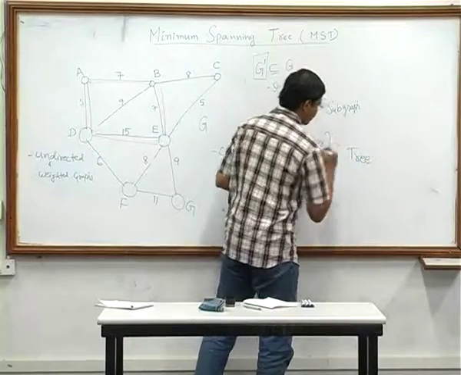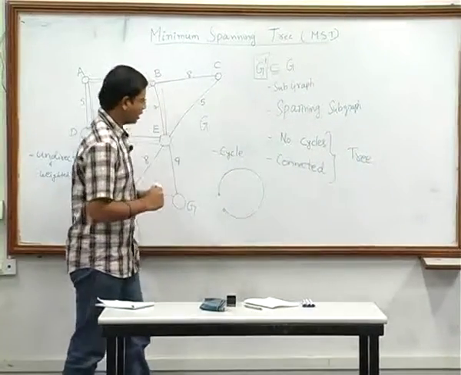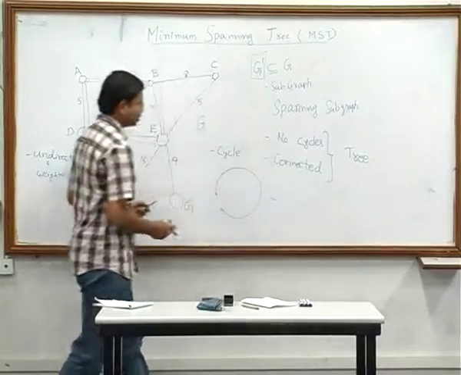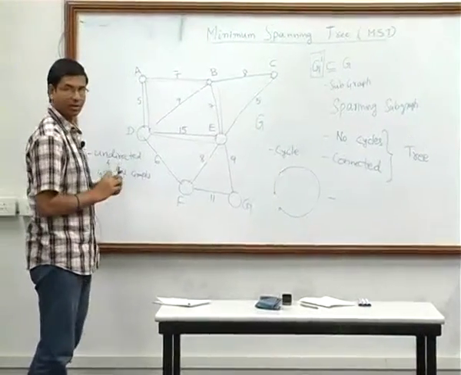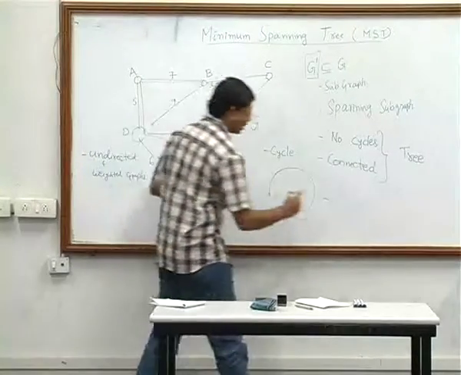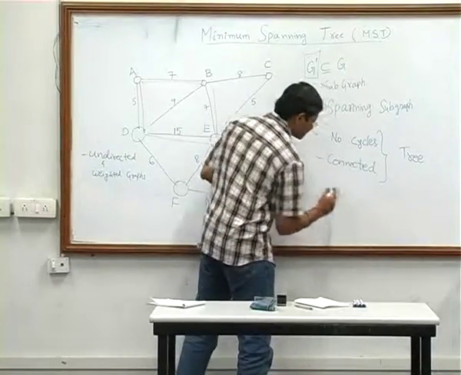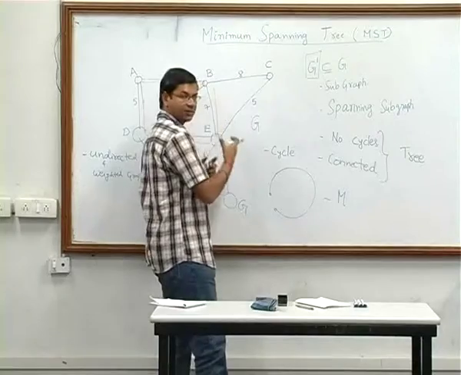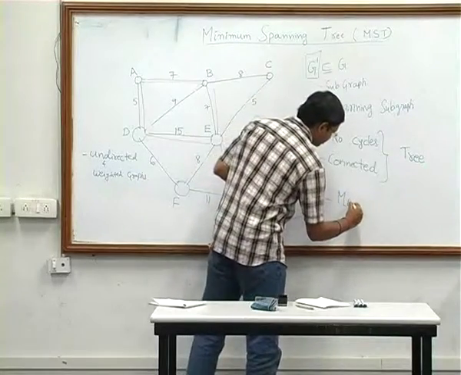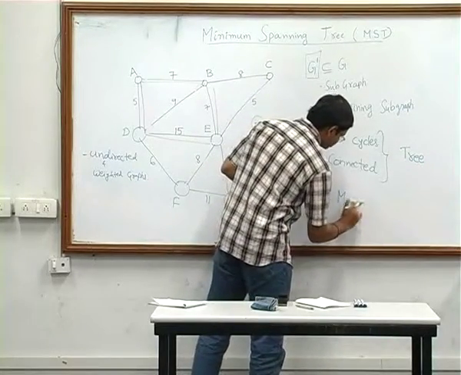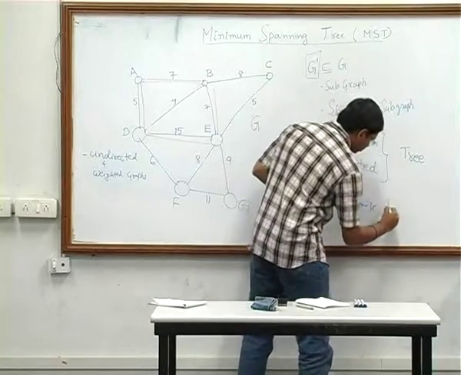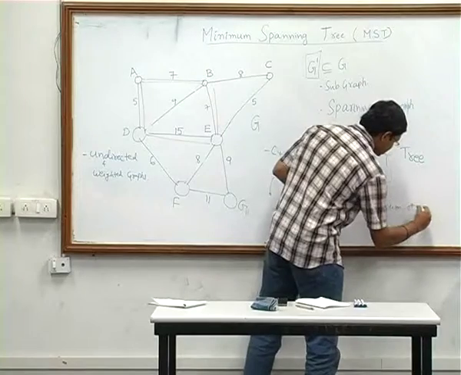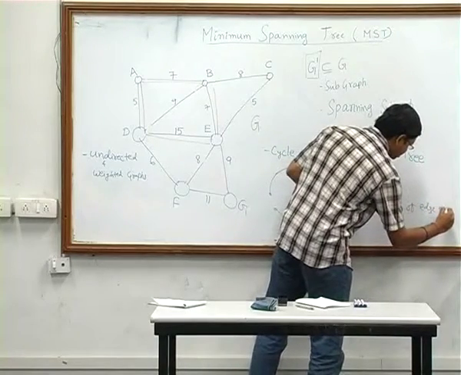Even with these properties, there can be many trees which actually span the whole graph. What we are looking for is the one which minimizes the sum of the weights of the edges selected. So we want to minimize the sum of the edge weights.